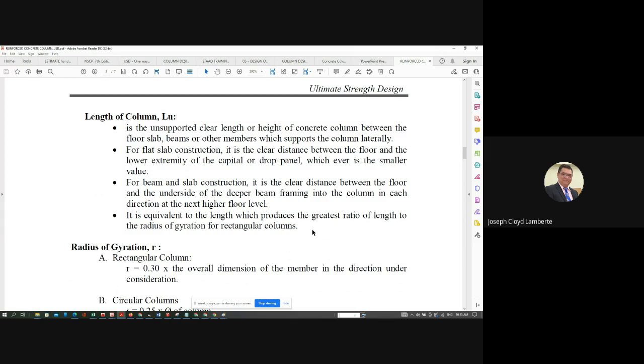For flat slab construction, it is the clear distance between the floor and the lower extremities of the capital or drop panel, whichever is smaller.